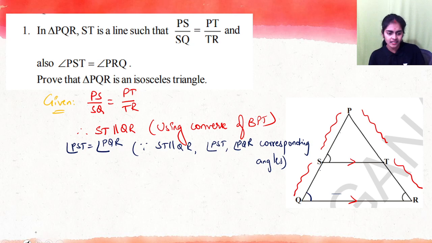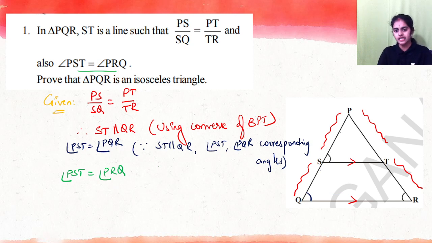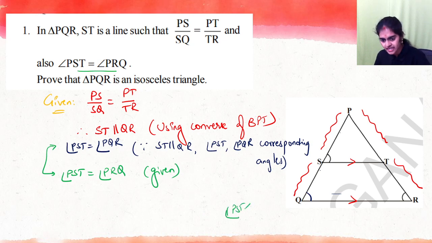Clear? So when they are corresponding angles, now have a look. It is already given in the question that angle PST is equal to angle PRQ. So angle PST is equal to angle PQR, and angle PST is also equal to angle PRQ.